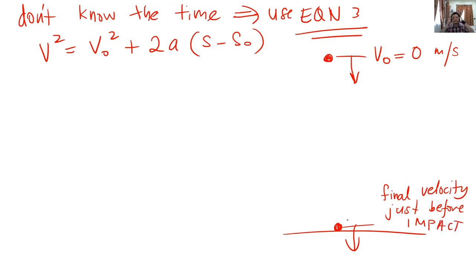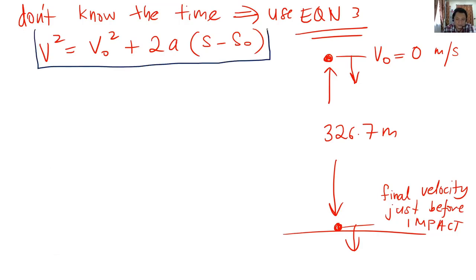But we need to find out what is the final velocity just before impact. That is the thing that you need to find out. The distance we know: 326.7 meters. So let's solve it using this equation over here. This is the one that you're trying to find.